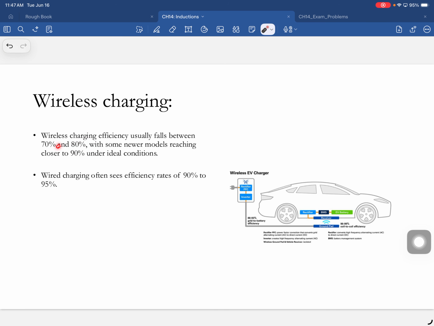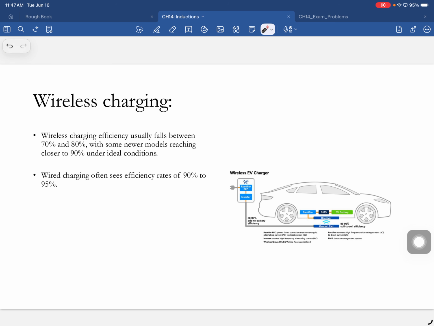What's the difference between this and maximum efficiency? When do you think you'll get maximum efficiency? When the receiving coil is right on top of there. If the receiving coil is over there, you lose out on the energy transfer.